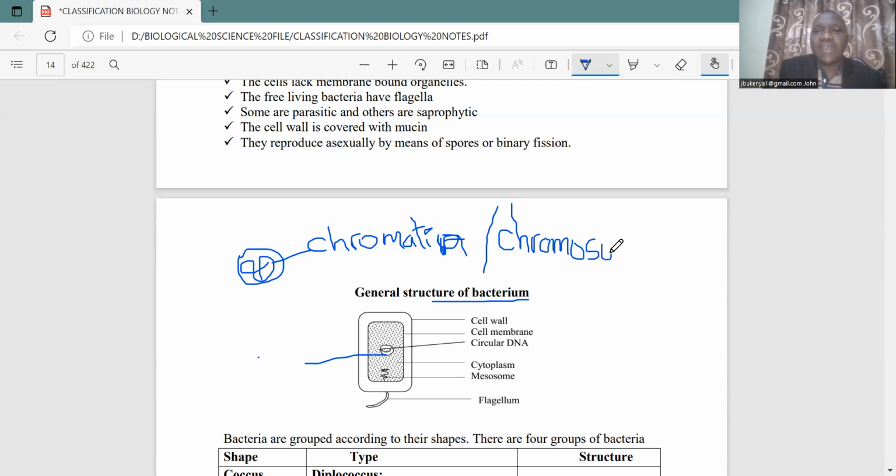Meaning when you add certain dyes, this structure containing DNA can be easily visible in the microscope, and we call it a chromosome for a cell that has started dividing by meiosis or by mitosis.